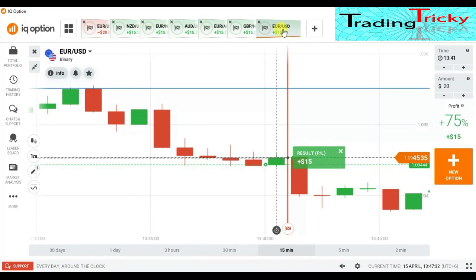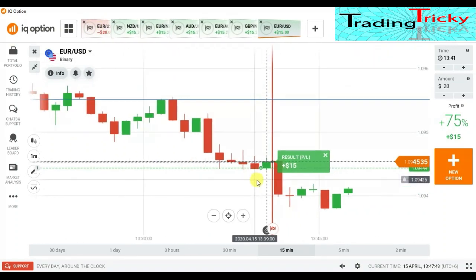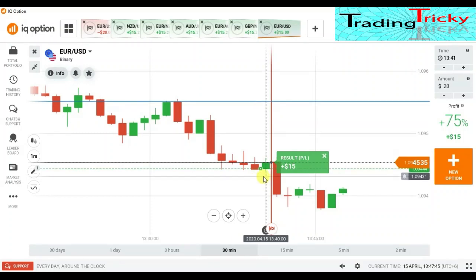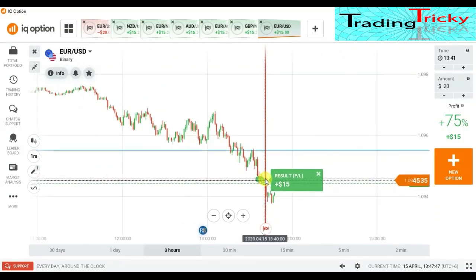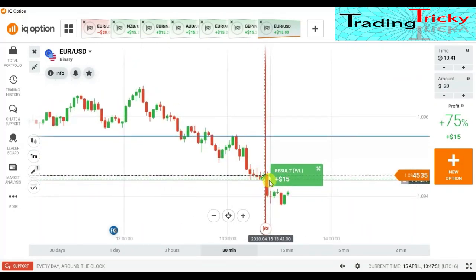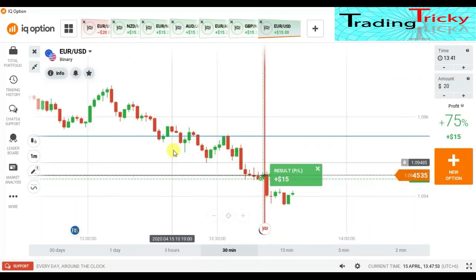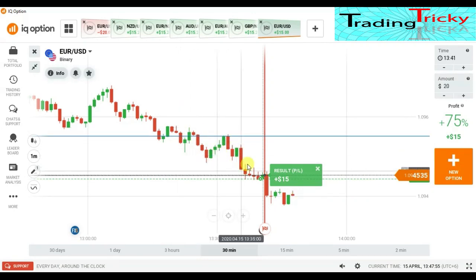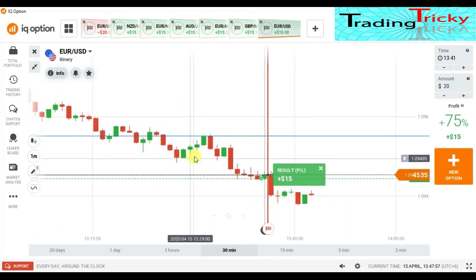And this was my last trade, and against this trade I got a loss. Here I placed a higher option, because this is a downtrend, but in this downtrend also we can see some buyers' entry, every 3, 4 candles.